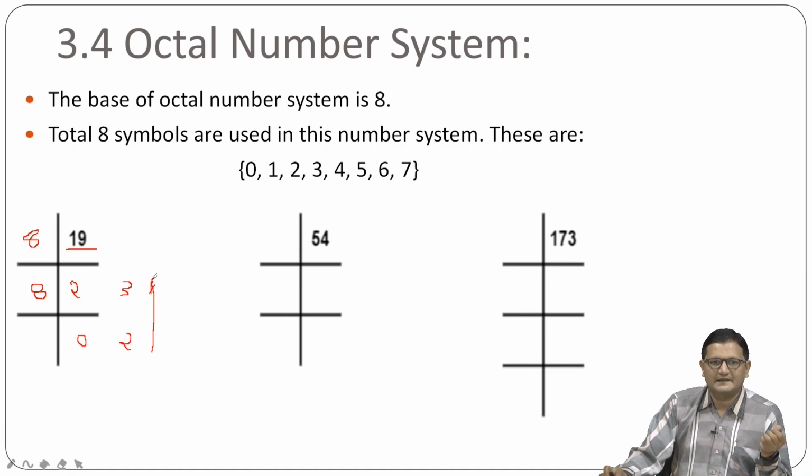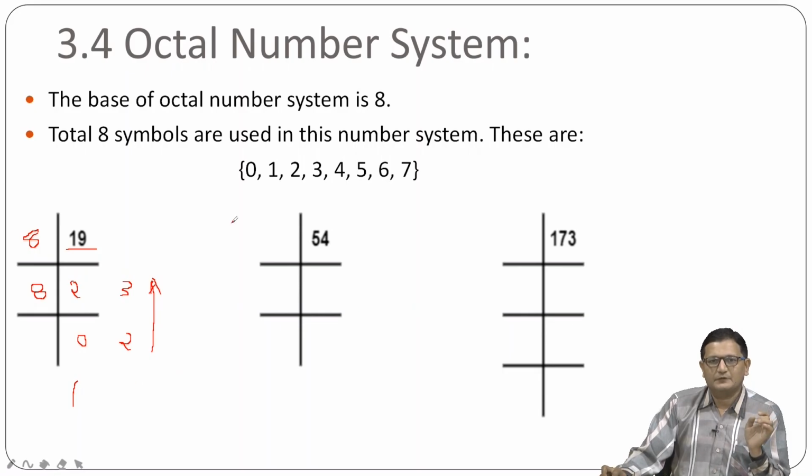So we can say the decimal 19 is equivalent to (23) with base 8; you write 23, complete the bracket, and then write 8.